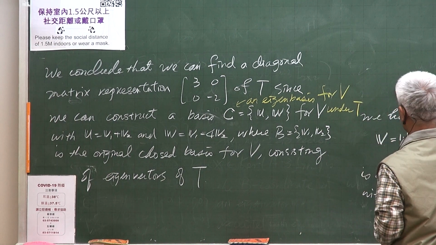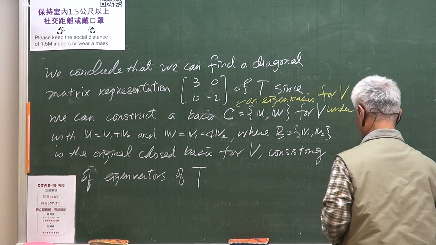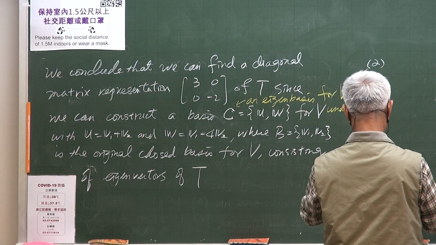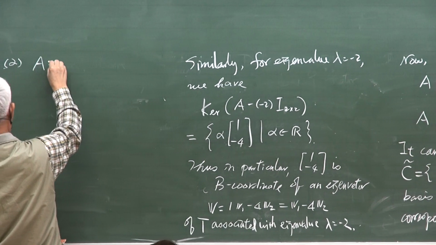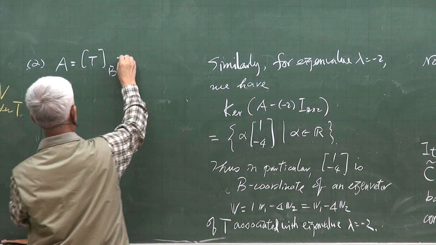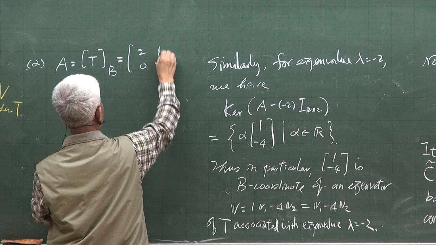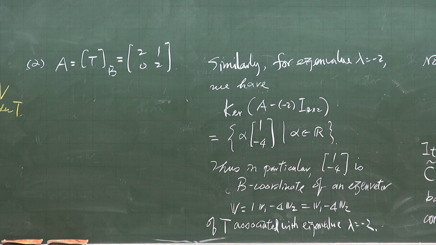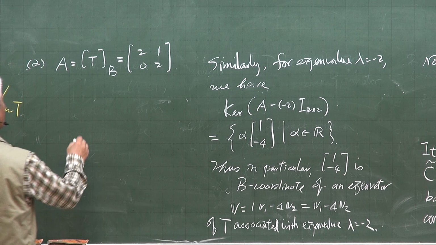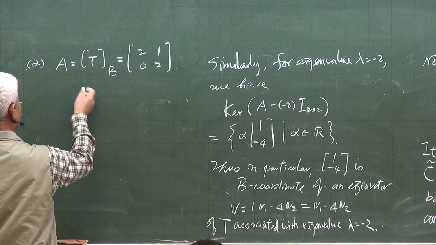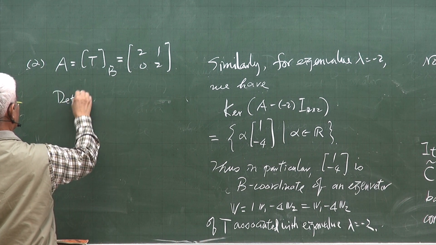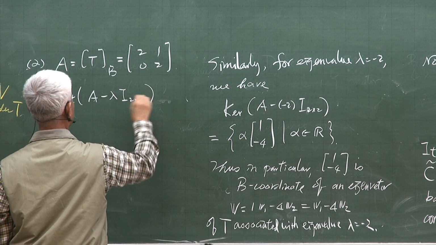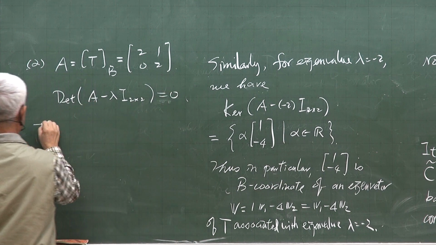Okay. Now let's take a second example. This time A is the matrix 2 1 0 2. Okay. All right, so now we solve determinant of A minus lambda I equal to 0.